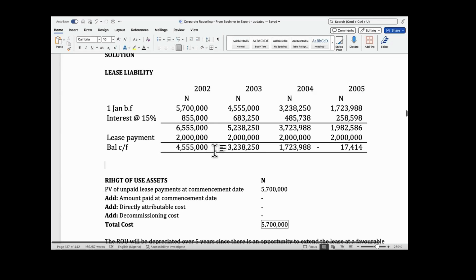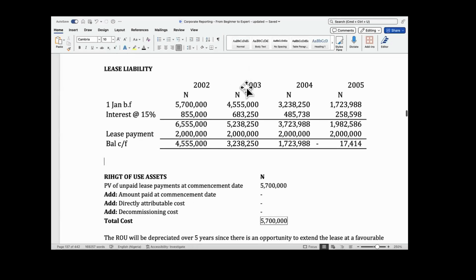If I want to do the same analysis for 2003, let's say we're in 2003. In 2003 now, our liability is 3.238. Again, there is a portion we are paying next year, and there is a portion we are paying after more than 1 year.